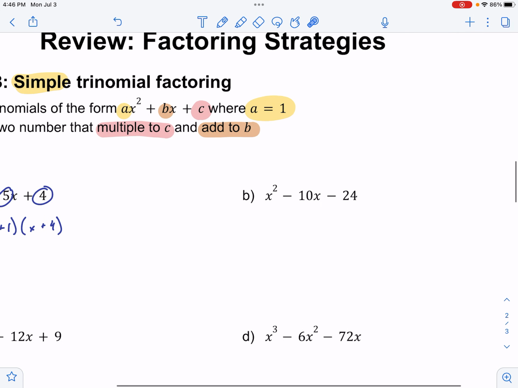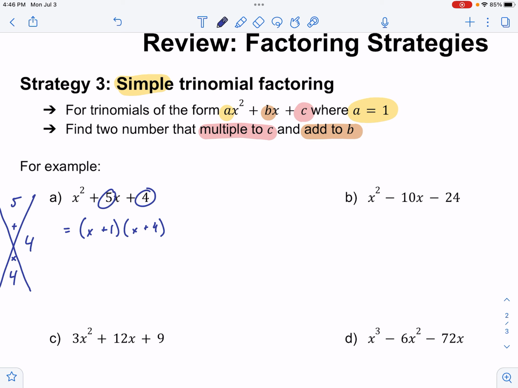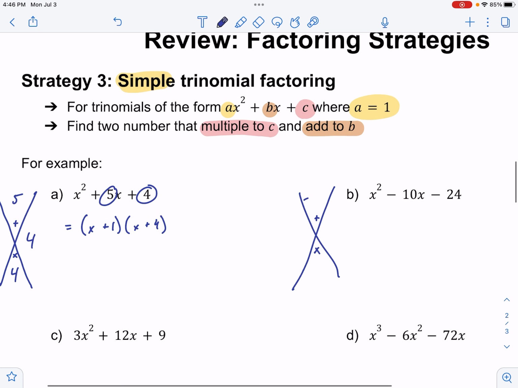We'll do another example like that. I'm going to use my X pattern. This is really just an organizational tool. Perhaps you know something else to keep yourself organized, or maybe you can just do it in your head. That's a-okay with me. Here we are adding to -10. Remember that if there is a negative sign on either one of those numbers, you have to keep it with it.